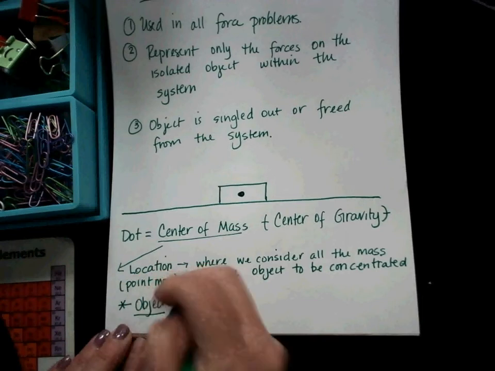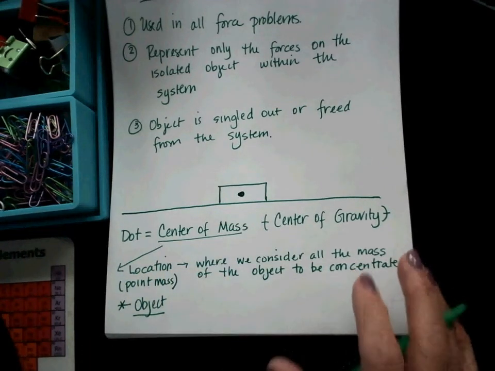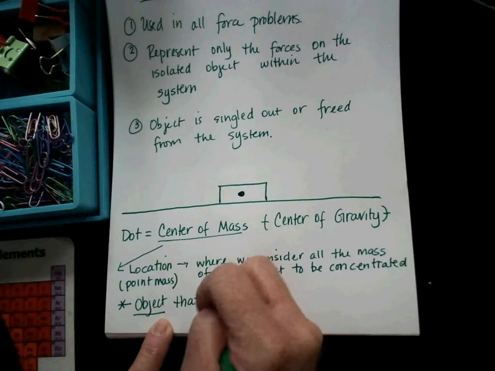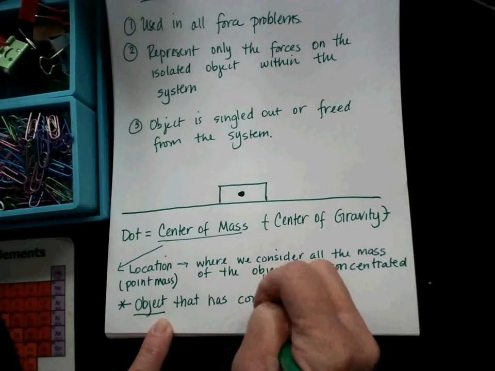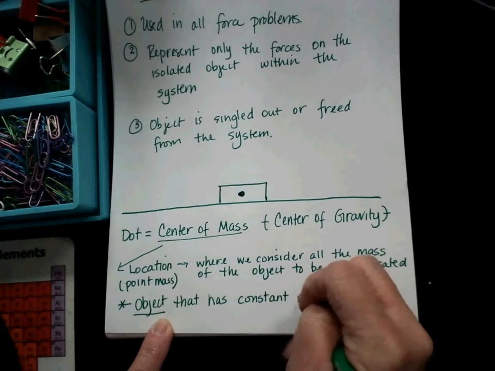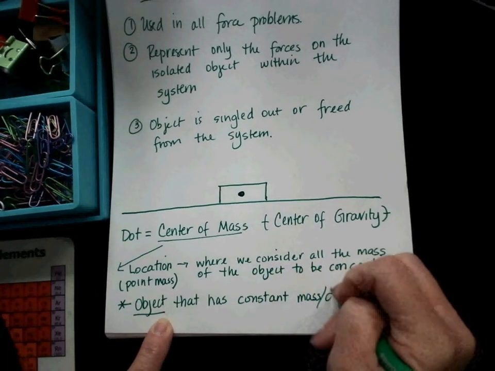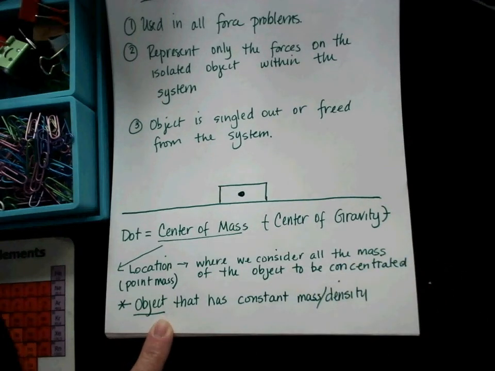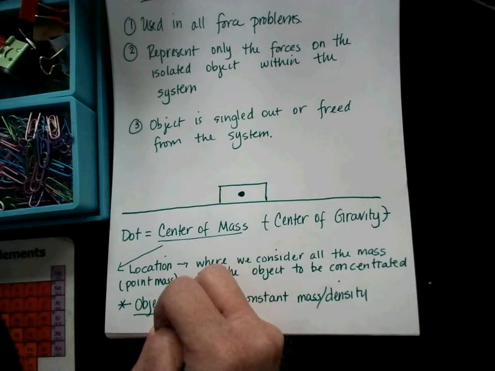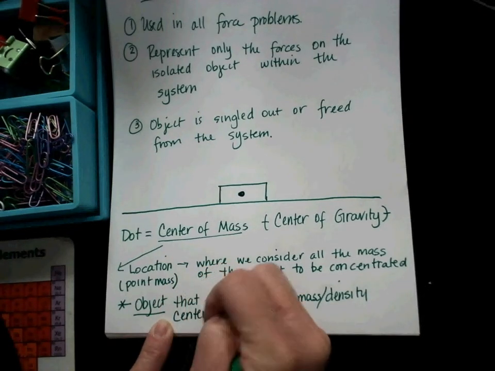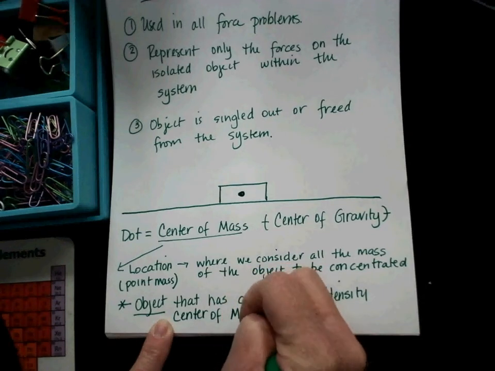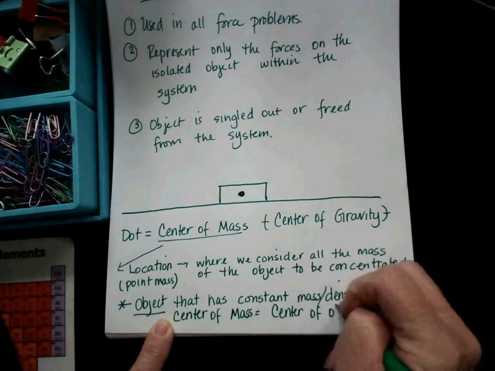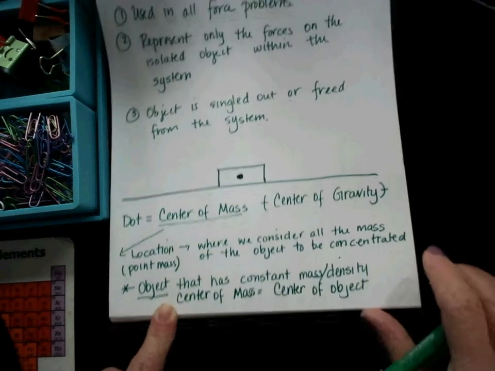If I have an object like that book, and it has what we call constant mass density, then the center of mass equals the center of the object.